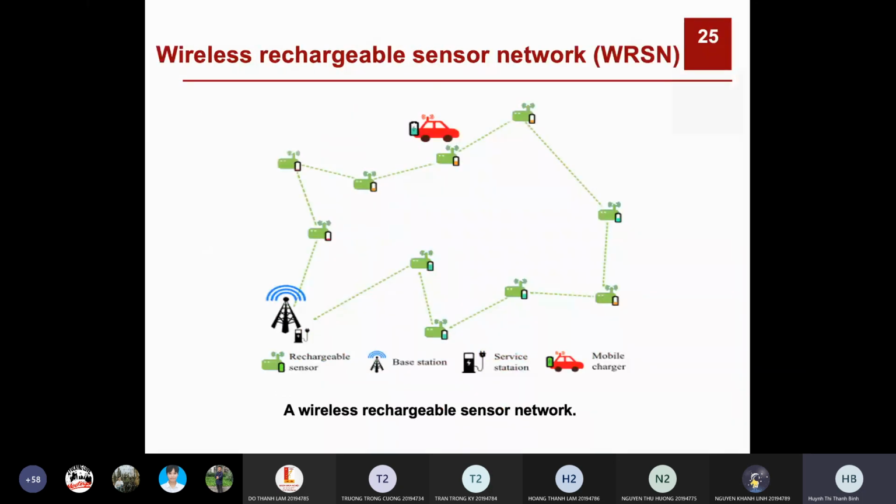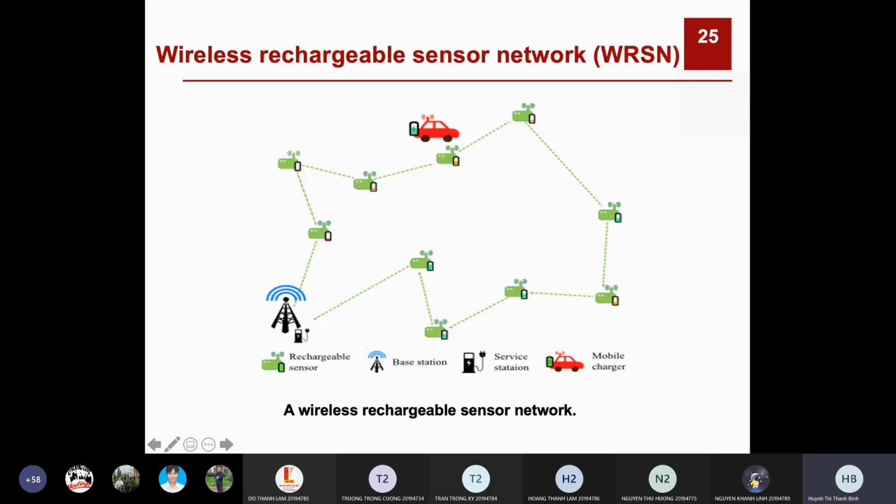And here's an example of a wireless rechargeable sensor network. Recently, there is a new technology we call the wireless rechargeable sensor network. It's different from the wireless sensor network you already know. In a wireless rechargeable sensor network, there is a mobile charger.